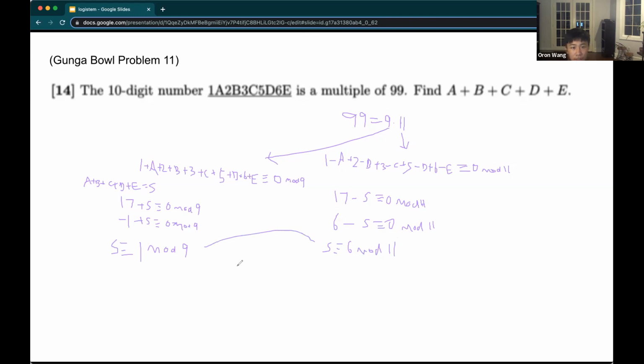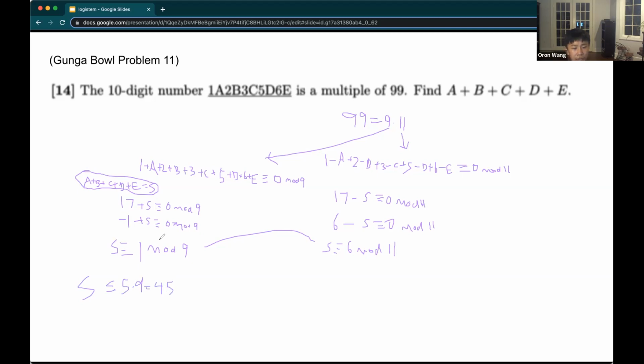And we have one other fact. We know that each one of these digits a, b, c, d, e is less than or equal to 9. So then we also have s is less than or equal to 5 times 9, which is 45.